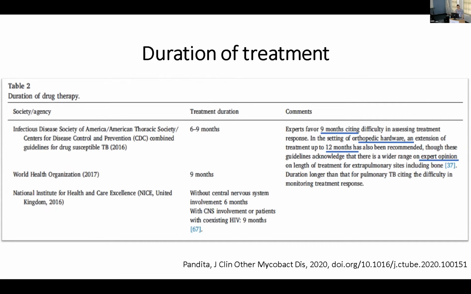But experts favor 9 months because it's difficult to assess the response to treatment. And in patients that have orthopedic hardware, they suggest 12 months, but all of this is based on expert opinion. And then WHO says 9 months. Then you look at the NICE guidelines from the UK, and they say if there's no CNS involvement, then you can consider 6 months of treatment. But if there's CNS involvement or coexisting HIV, then it's 9 months of treatment.